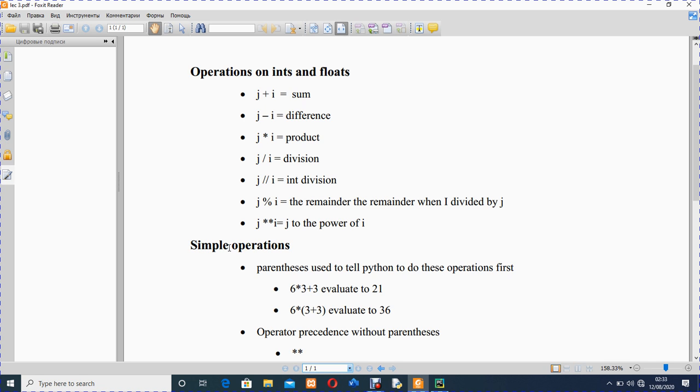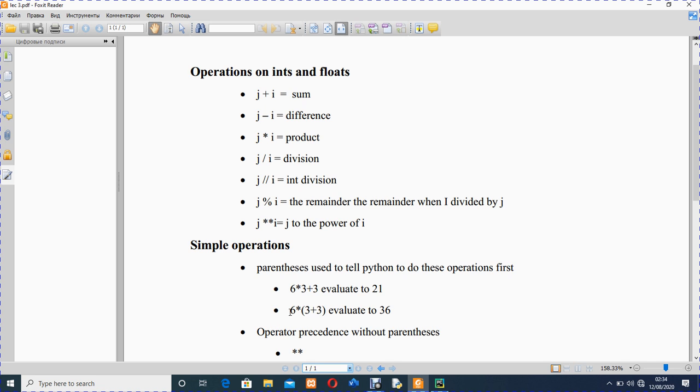Then, simple operation. Parentheses are used to tell Python to do this operation first. For instance, 6 times 3 plus 3 will evaluate to 21.